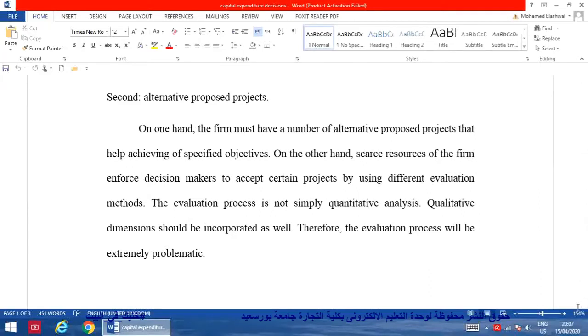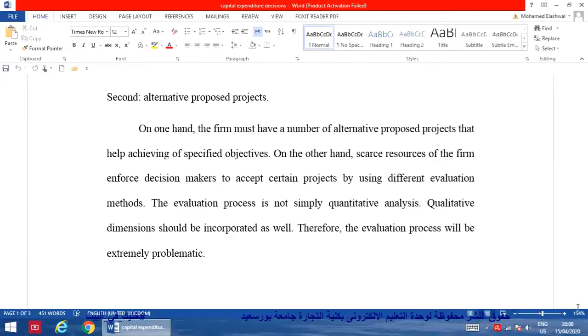So, the decision makers must have a number of alternative proposed projects that help achieving specified objectives. But scarce resources of the firm enforce decision makers to accept certain projects by using different evaluation methods, such as discounted cash flow methods.